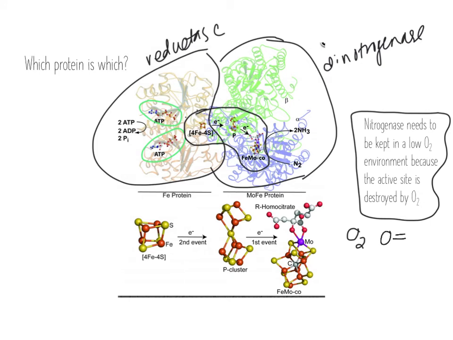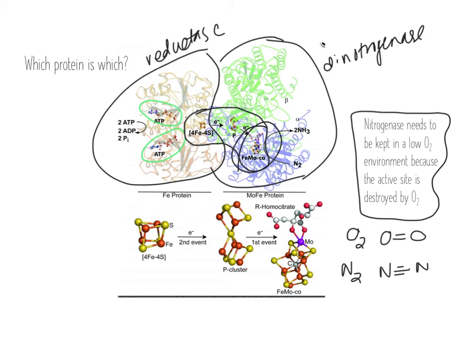O2 being a linear diatomic molecule is very similar to N2, also being a linear diatomic molecule. O2 competes for the same active site that N2 does, and oxygen has a very high affinity for the atoms in the molybdenum iron cluster. So if oxygen gets on there, it means that nitrogen is not able to bind as easily. And basically O2 is like a suicide inhibitor of the nitrogenase.